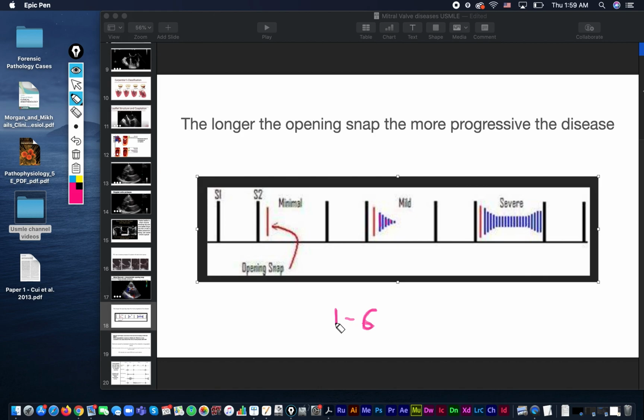I don't know if it's true, but it's a joke. A grade 6 murmur is one a medical student can hear, and a grade 1 is one a cardiologist can hear. And there's another version where 6 is so bad that you can hear it almost with the stethoscope not on the chest.